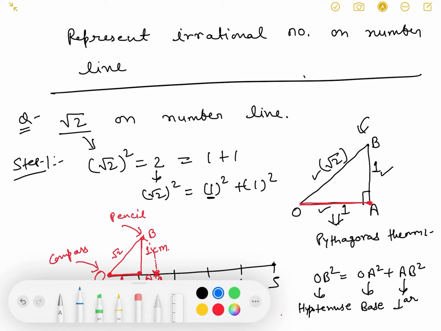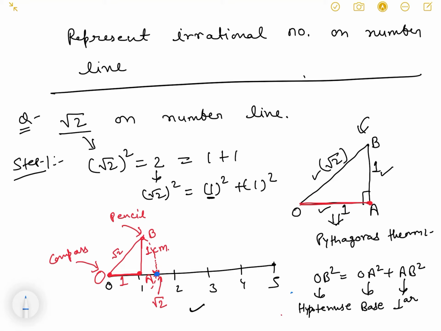Right. So this point we can name, suppose, P. So the length OP, right, the length OP would be root 2. So now we have represented root 2 on the number line.